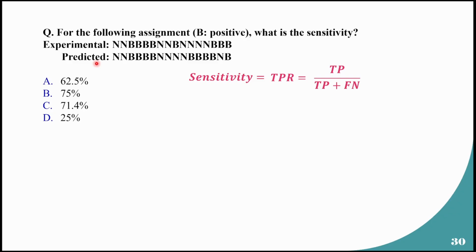Just try to calculate how many of them are correctly assigned as positives, and then subsequently the false negative ones, right? How many were actually positive but were incorrectly flagged by the model as being negative, and then you will get the answer.